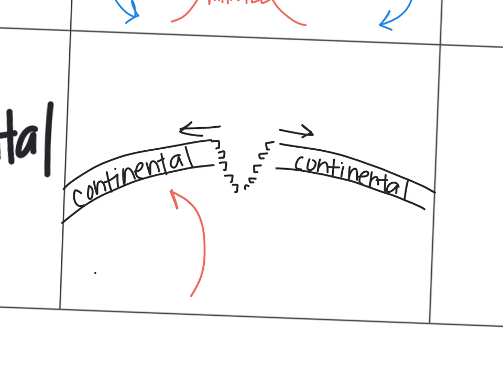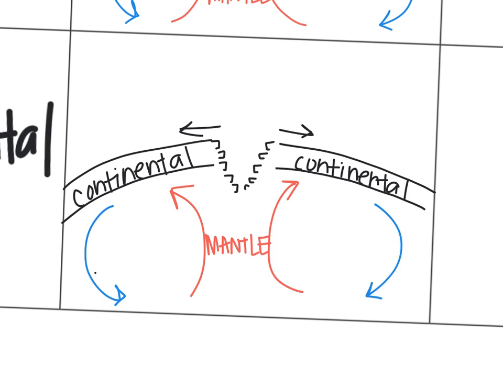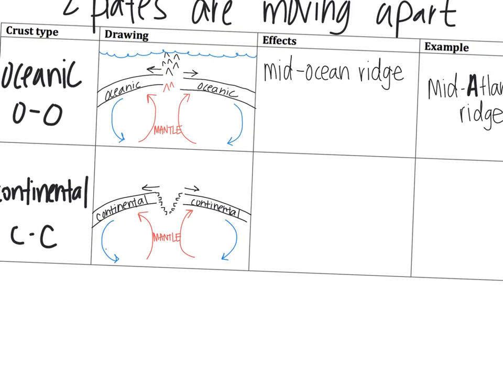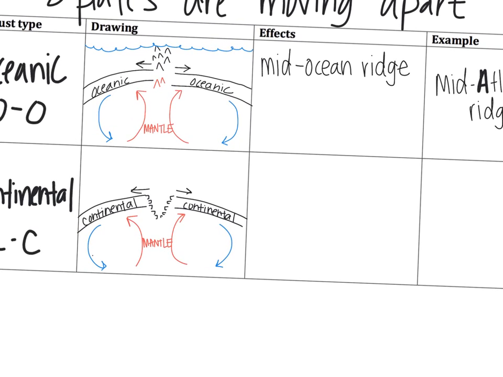So here's my mantle. It again needs to be moving away. So the convection currents are pulling them apart. Here's my mantle. The effects of a continental divergent boundary is called a rift valley.